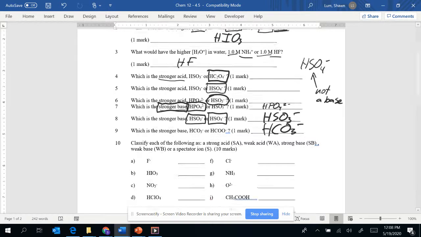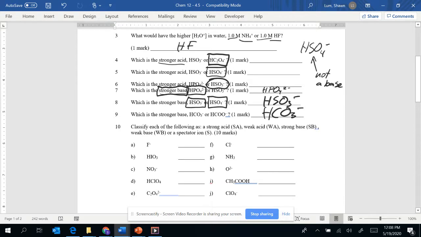Okay. So now that we found the table, we can kind of figure a few things out. Okay. Now, the next thing right now is we're going to classify each of the following as a strong acid, weak acid, strong base, weak base, or a spectator ion.